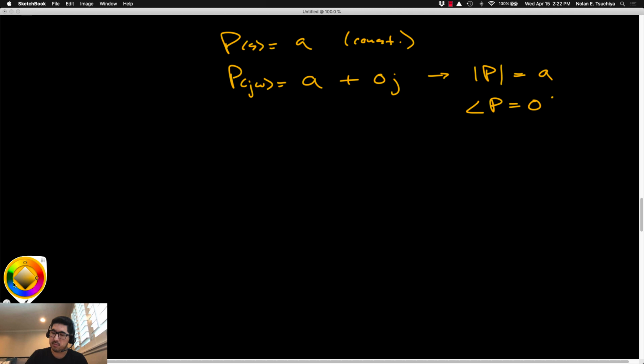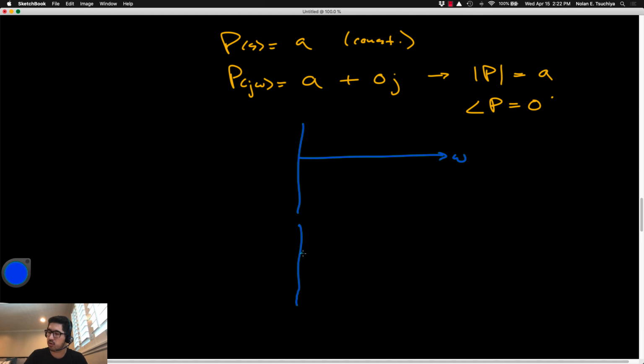So this is a very simple transfer function, but it's a critical one to understand because many times when you're factoring out more complicated transfer functions to try and sketch the Bode plot, you end up with a constant floating out in front, and you have to account for that somehow.